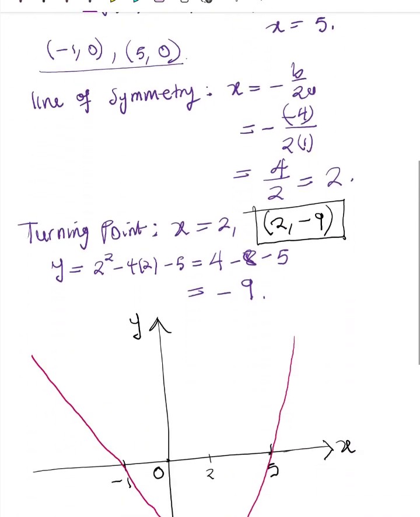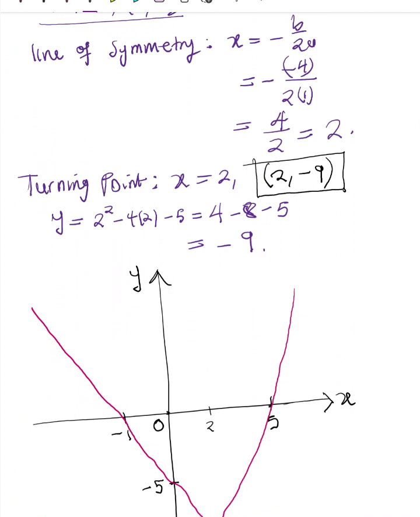In part B, we are looking for the values of x for which the function is greater than 0. Now the function is greater than 0 above the x-axis. Okay. Now the values of x that make this function greater than 0 start from negative 1.